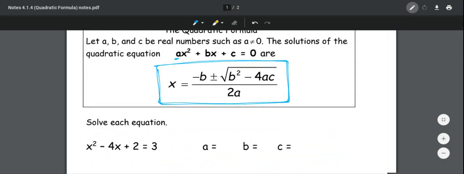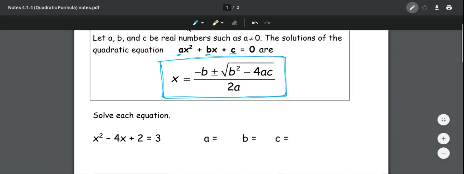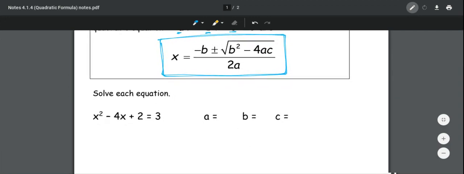So a is in front of the x squared, b is in front of the x, and c is your number. So we are going to solve by the quadratic formula, and we're going to talk about how to solve it, because a lot of times it's not setting it up, it's how we solve is that you get confused. So first we need to get it equal to 0.